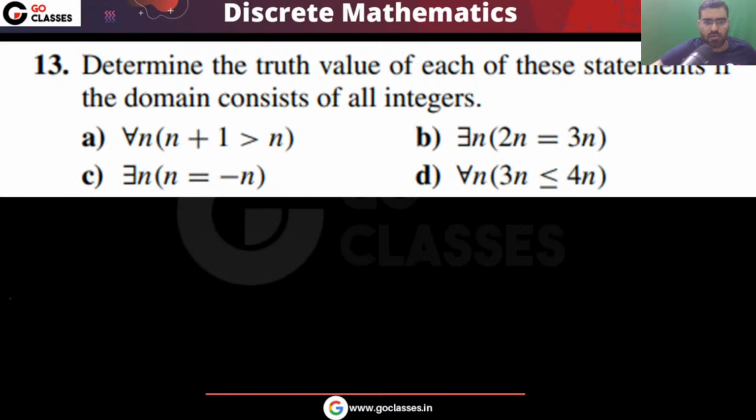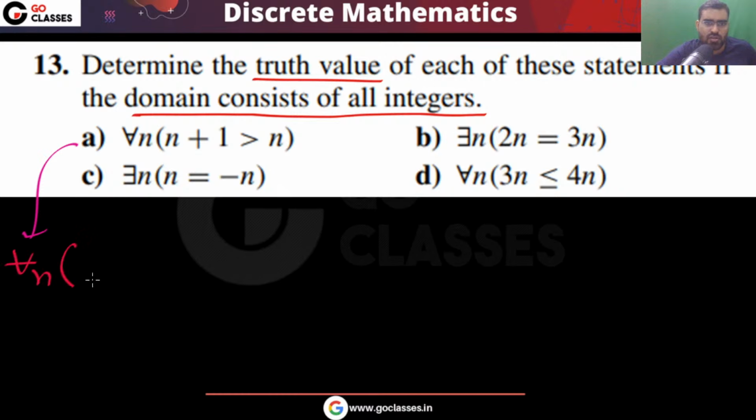Now let's move on. Let's see this question. Quickly tell me the answer. The domain is the set of all integers. What is the truth value of these statements? So what is the truth value of A? This is saying that for every n, n plus 1 is greater than n.